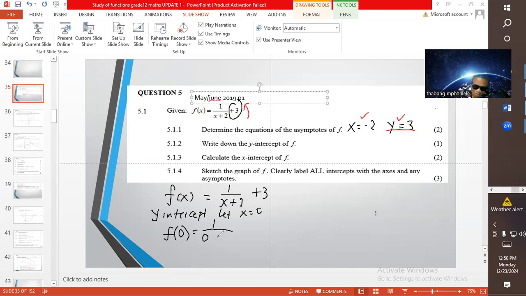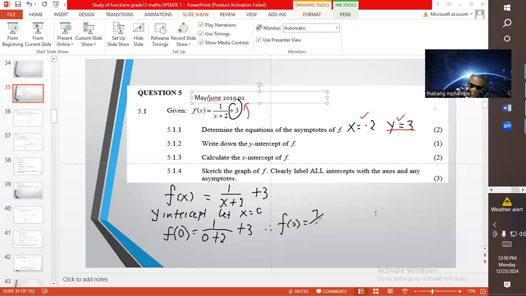So you say 0 plus 2, plus 3. So therefore, f of 0, you now press your calculator. 1 over 0 plus 2 plus 3, it's 3.5. I believe it's 7 over 2.